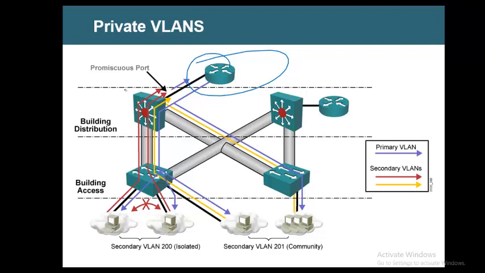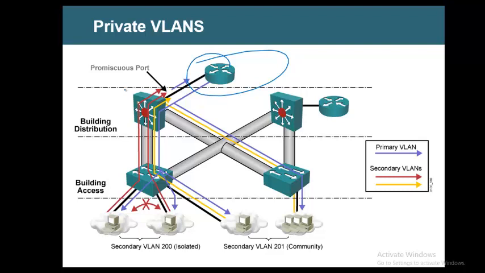Alright, this is a Cisco concept. You will not see this private VLAN applied anywhere in the real world. It's supported only in Cisco devices, and even Cisco guys don't use it. But it's really fun to configure this.